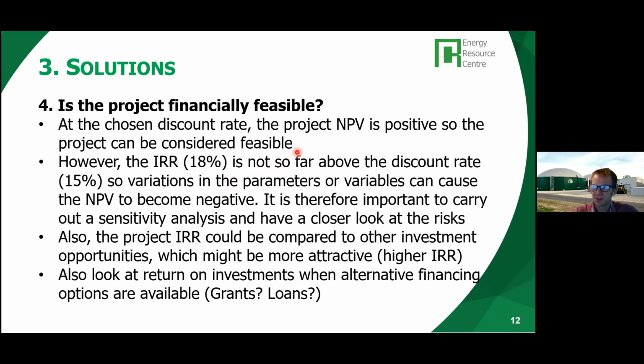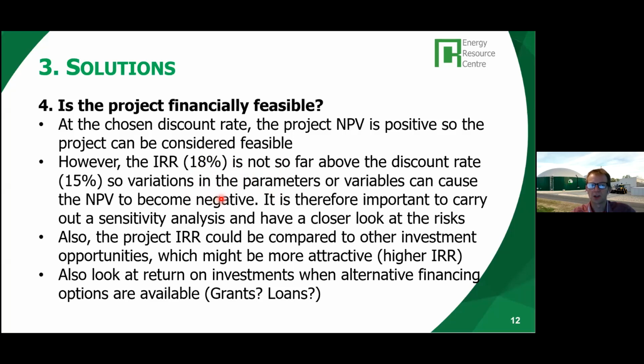At the same time, it's important to realize that the IRR is not that much higher than the discount rate. So it's possible that if there's any variations in the parameters or the variables used in the model, it could cause the NPV to drop, or the IRR to drop, and to fall below the discount rate.